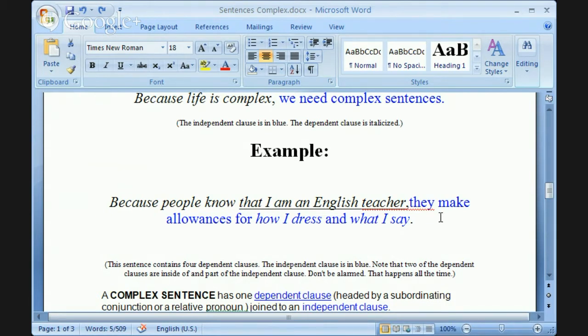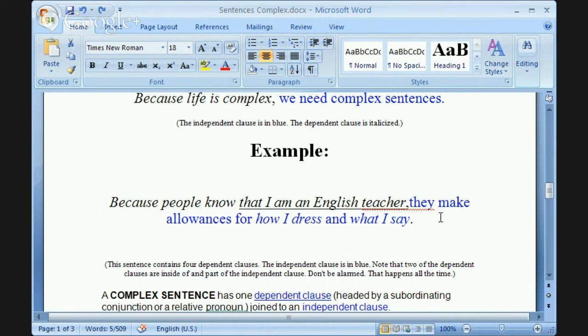Because people know that I'm an English teacher, they make allowances for how I dress and what I say. I broke that sentence into 5 parts when I was speaking. Why? Because in actuality, this sentence includes 4, yes, 4, count them, 1, 2, 3, 4, dependent clauses.